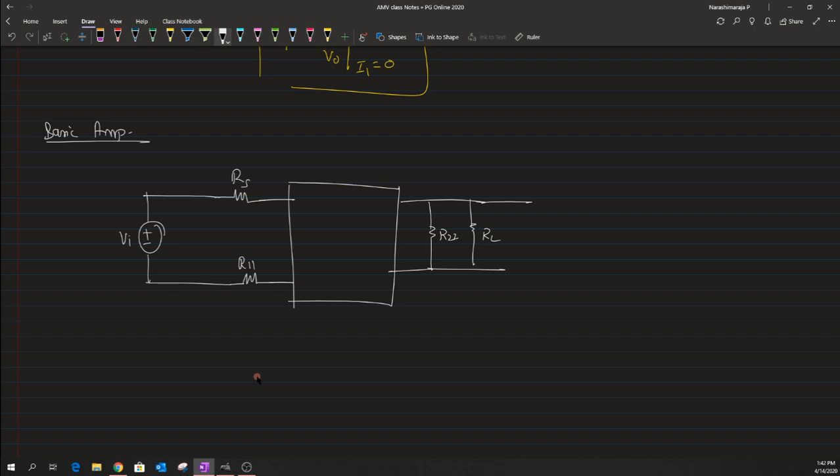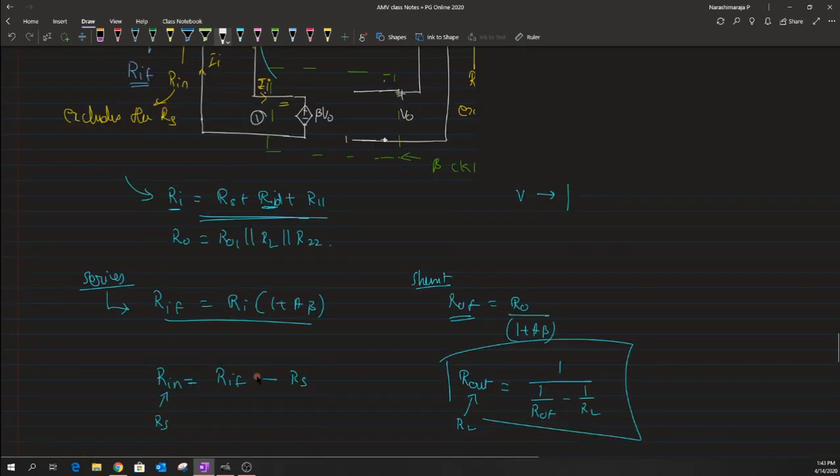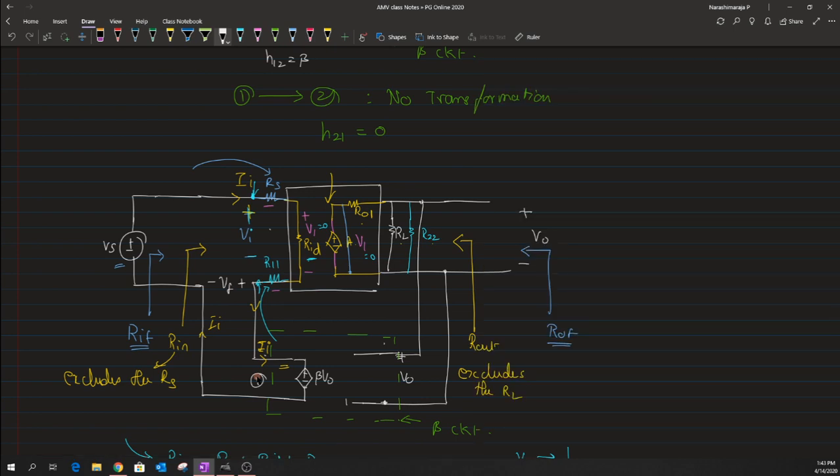Now the measurement of these impedances is labeled as Ri and R naught. It's the same thing that I discussed earlier; the only thing is that I have given a basic or equivalent circuit model for this. It's the same discussion that we had while discussing the input impedance Ri and the output impedance R naught in this case.